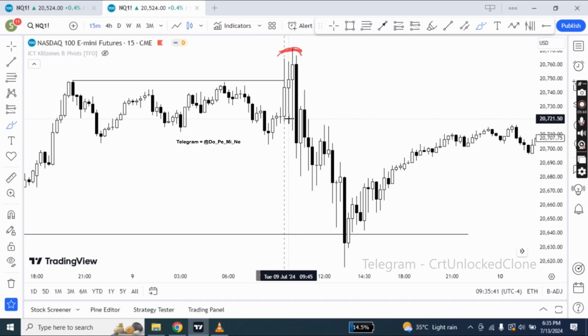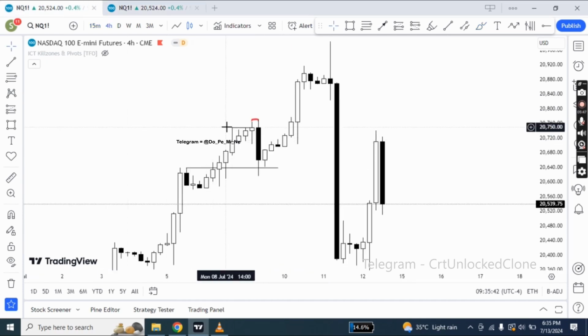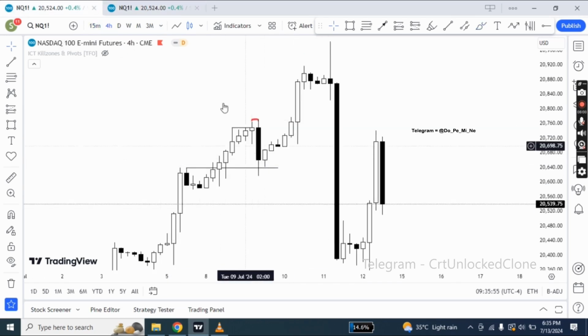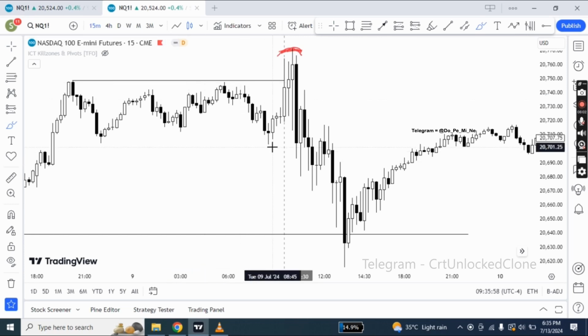The main thought process on the higher time frame was that I was looking for this Monday's high to be taken and purged, and then price to retrace back to this key level at a key time, which was the New York and London close kill zone. Now going to the lower time frame on the 15-minute, the thought process was the same, but I was looking for a New York reversal.